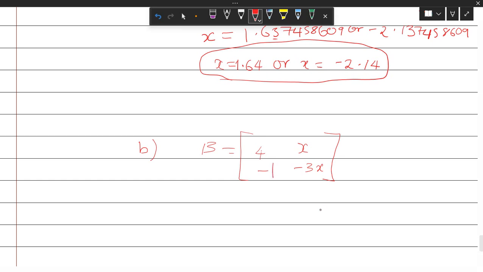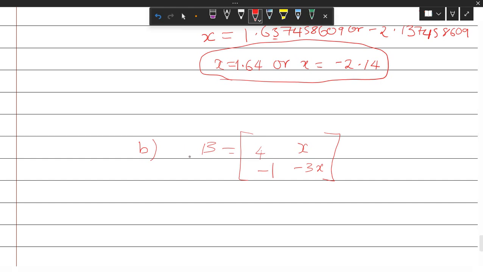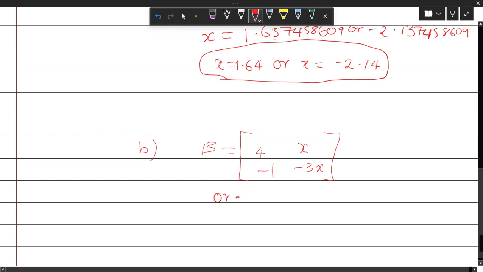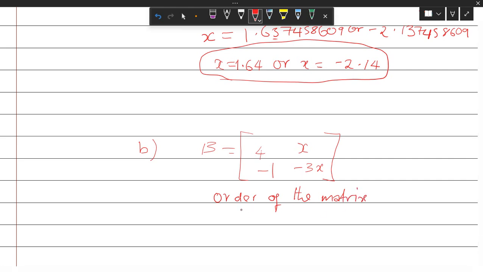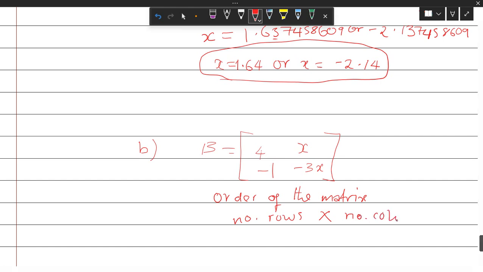Alright, so this is a 2 by 2 matrix. You need to know how we determine the order of the matrix. The order of the matrix is defined by the number of rows multiplied by the number of columns.